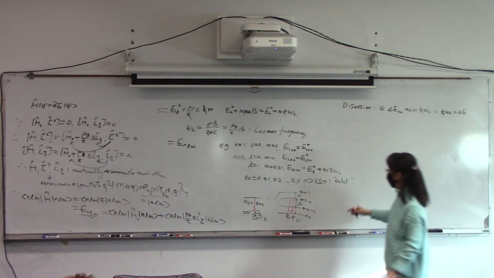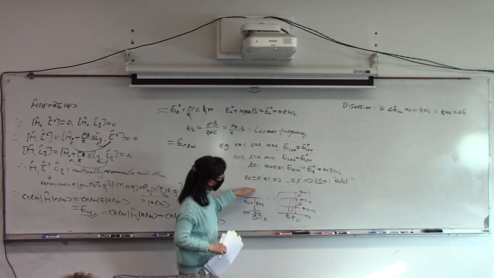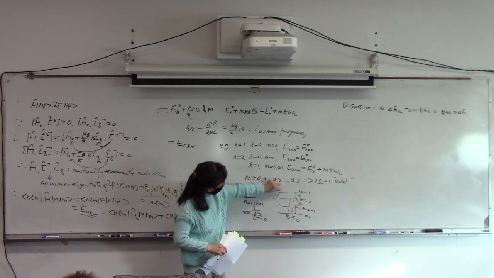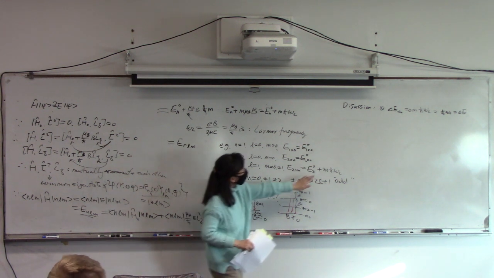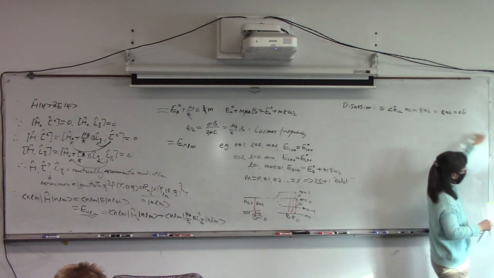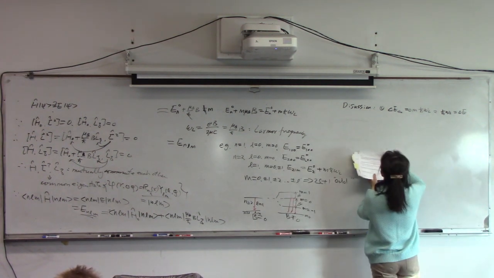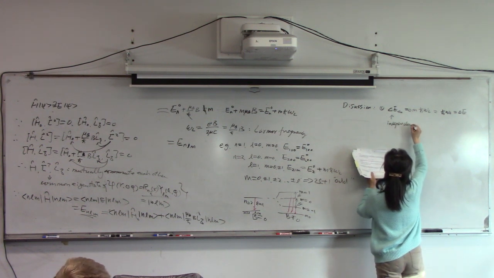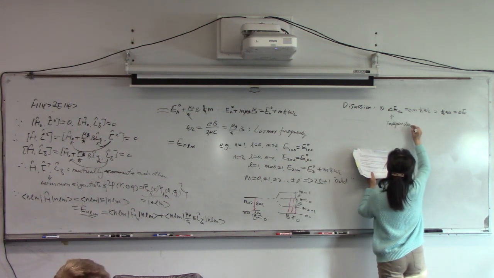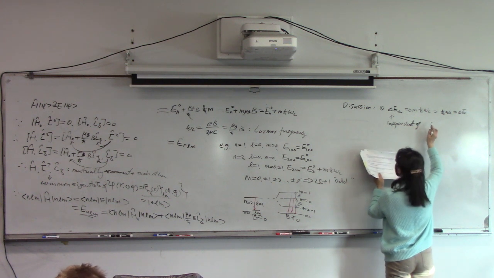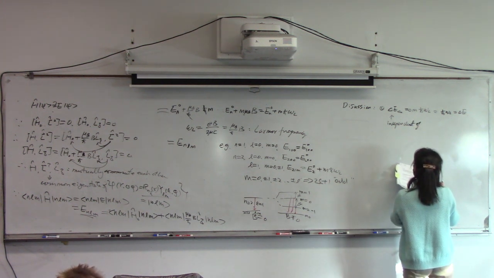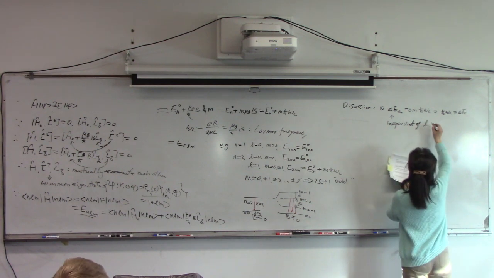That means this l equal to 1. If l equal to 2, you split into 5 energy sublevels, but the energy spacing between nearest neighbors, the two energy levels, is always this same number. So this one is independent of l.